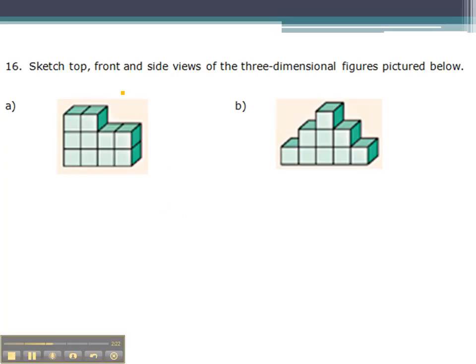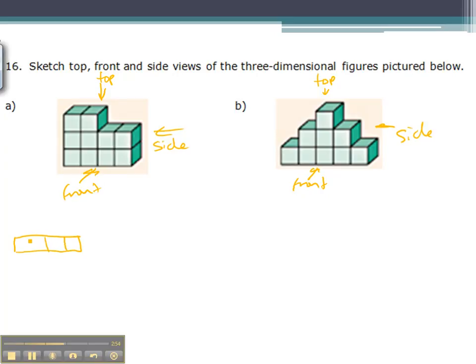Number 16 says sketch the top, front, and side views of the three-dimensional figures pictured below. So if we look down from the top, and then if we look from the front, and then we look from the side, we'll draw these views. Okay, looking down at this figure in A from the top, we'll see a row of 4 squares.